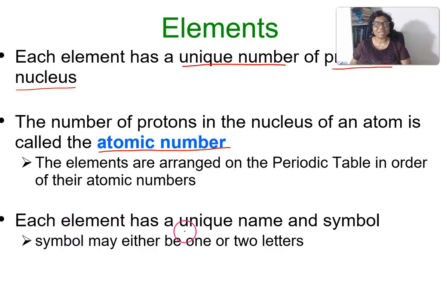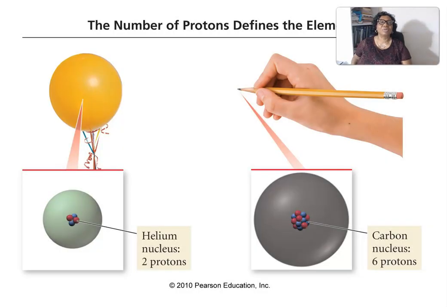So each element has a unique name and symbol, and the symbols may be 1 or 2 letters. So the number of protons defines the element.